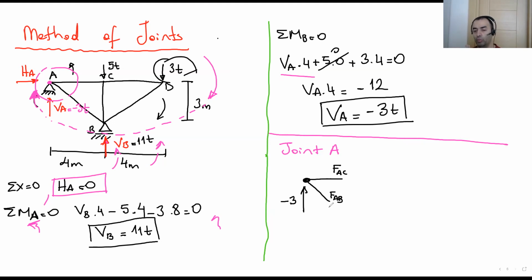If I don't know a force, I always accept that it is a tension force. Okay, tension force. So that means it's positive. But this is an assumption. At the end of my calculation, if I get a negative value, that means it's compression. Okay.